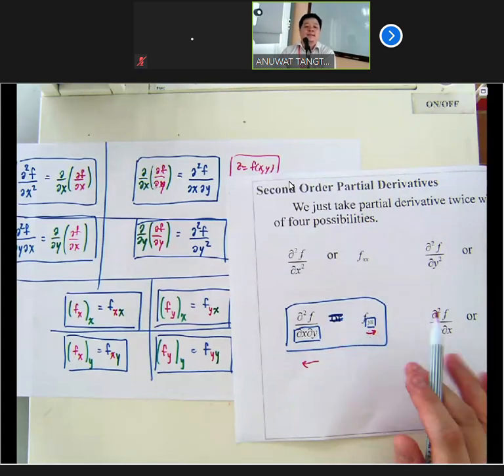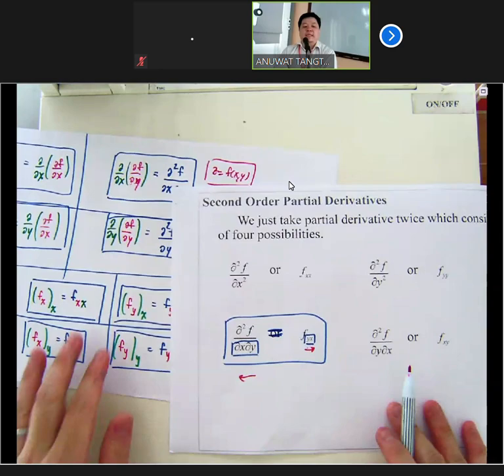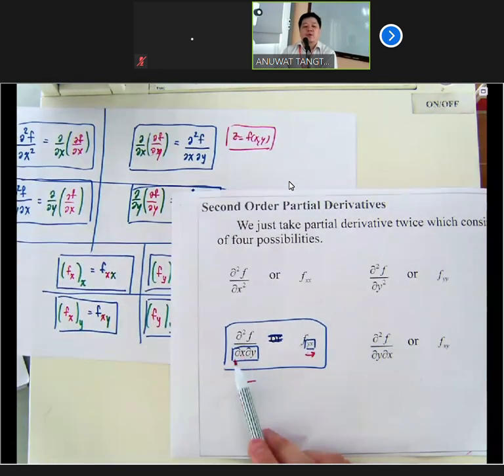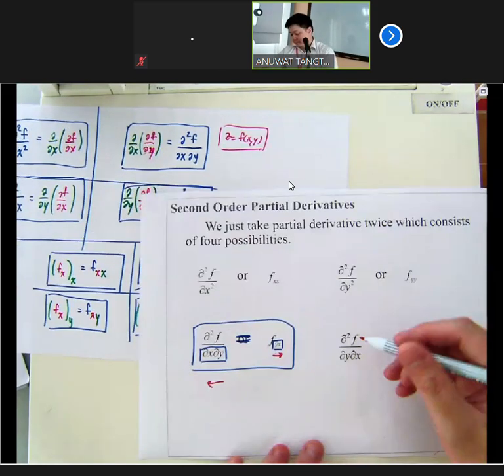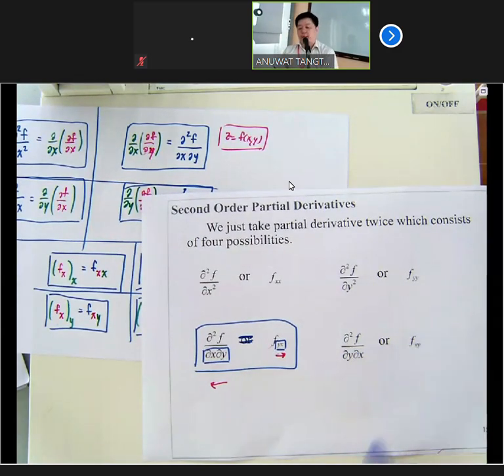Okay, that is the reason why here this is dx dy, but this is yx. Understand? Try not to get confused with that. Remember, dx dy is fyx, not fxy. So dy dx here should be fxy.